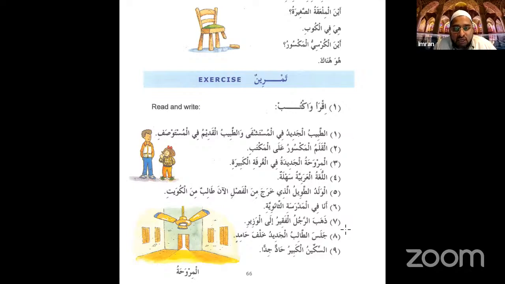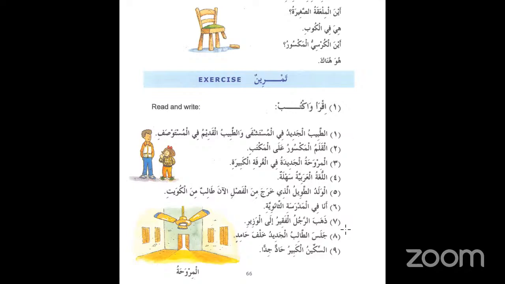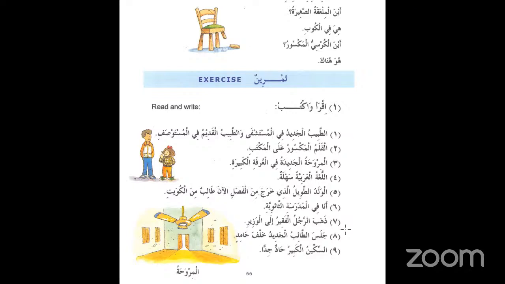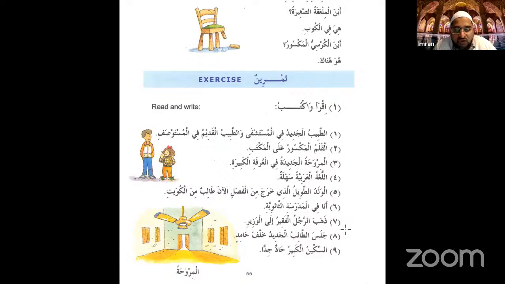In English, it will be the new doctor is in the hospital. Exactly. So fil mustashfa, in the hospital. At-tabibu al-jadidu is the mubtada. Fil mustashfa, jar and majroor, is the khabar.